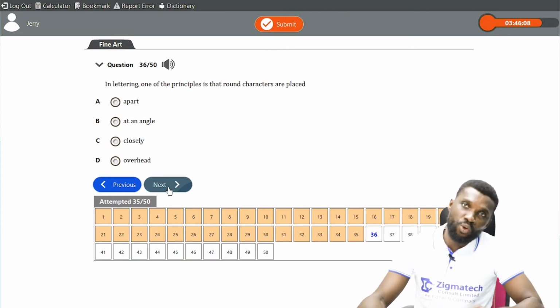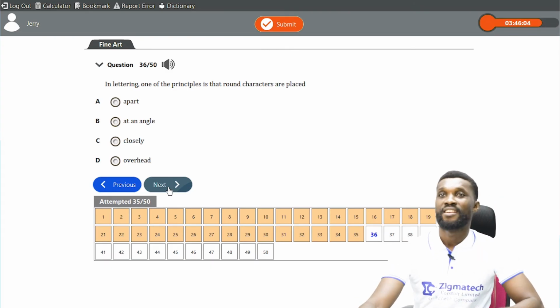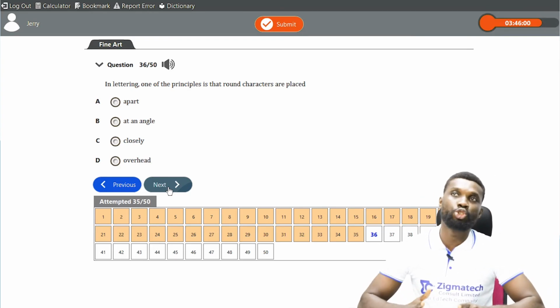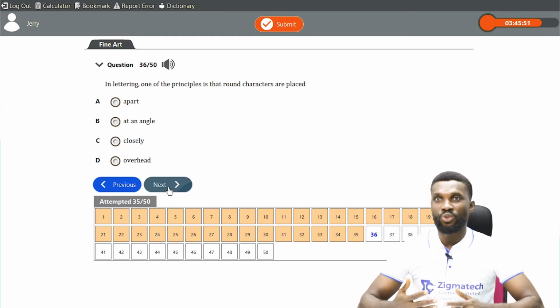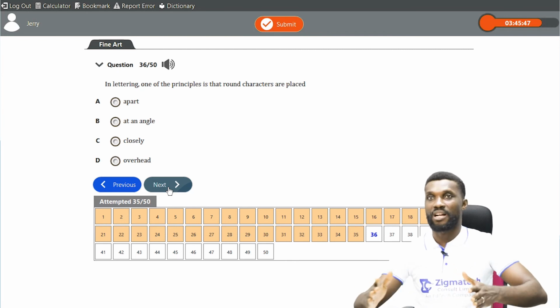B, at an angle. You don't place round characters at an angle. Now, characters you place apart are characters like W, characters like V, characters like M. You try to give them space because they are wide, so you have to place them apart.